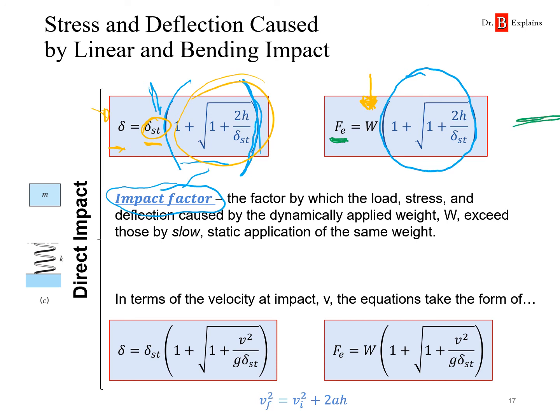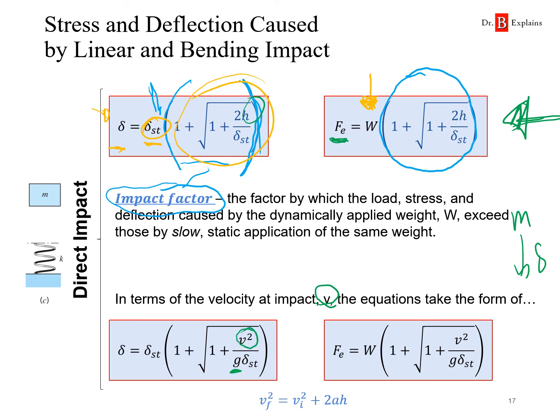Now these equations above are in terms of h, or the drop height, but remember we can rewrite this in terms of velocity, because if we have a mass that is falling down with some acceleration, in this case the one provided by gravity, I can rewrite this instead of a drop height in terms of a striking velocity.